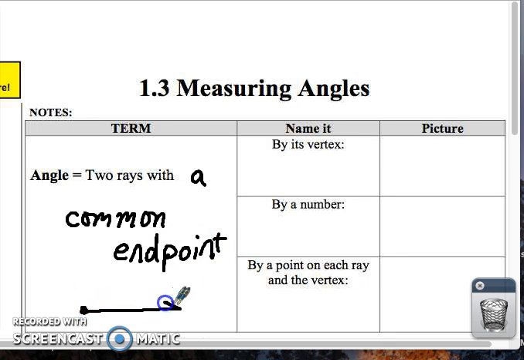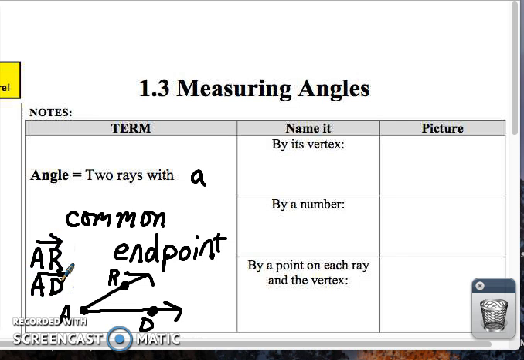I've got one ray right here, we'll call this ray AD. And then we have another ray that goes like this, and we'll call this ray AR. So in this case, it's ray AR and ray AD. Together, those 2 rays make an angle, 2 rays with a common endpoint.